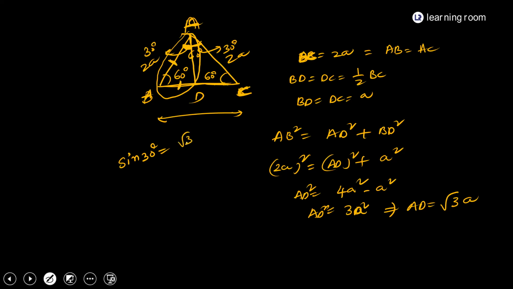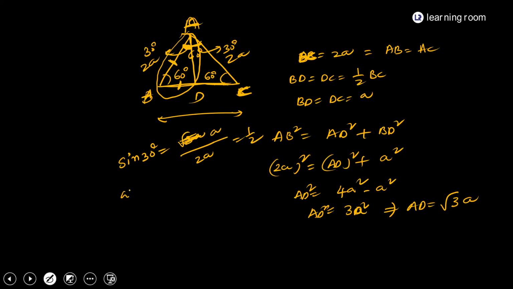Oh, very good, you are right. BD equal to A, right? Then AB equal to 2A, no? All the sides are equal, no? So sin 30 will be 1 by 2.